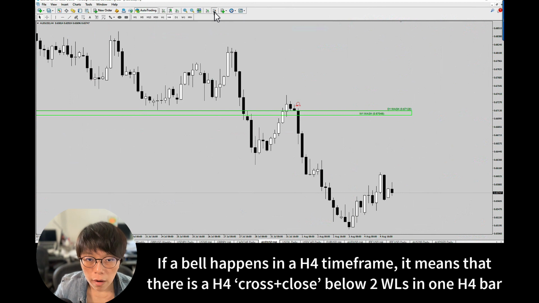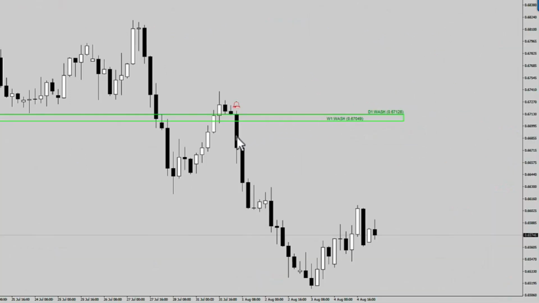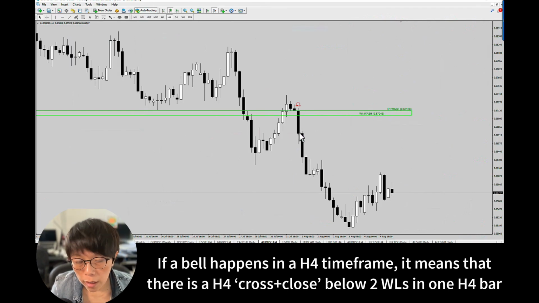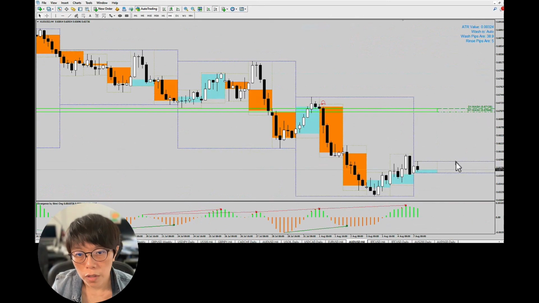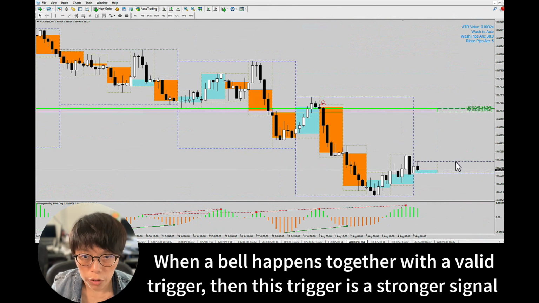For example, here, this would look at the same wash lines, and it will show whether this particular bar, which is the H4 bar, also crossed and closed below two wash lines. For example, it did here, so the day did so, and the H4 also did the same thing, which is a cross and a close below two wash lines. And how do you use this for your trigger, which is for your signal?